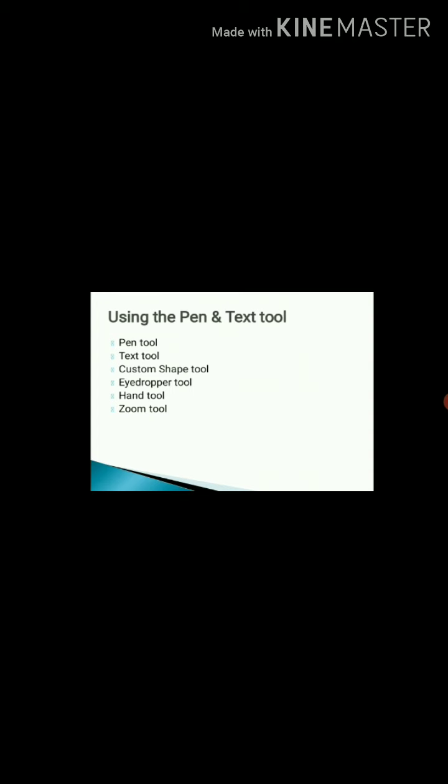Next, using the pen and text tool. The pen tool draws with the greatest precision. The freeform pen tool draws a path as if you were drawing with pencil on paper, and the magnetic pen option lets you draw a path.